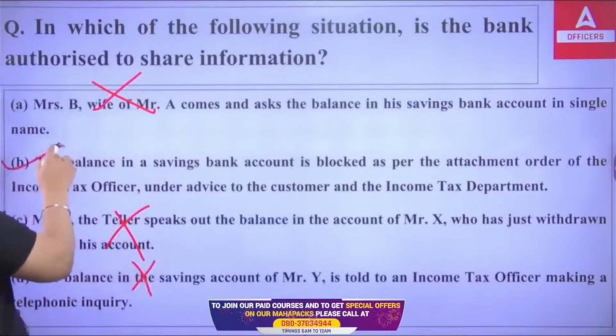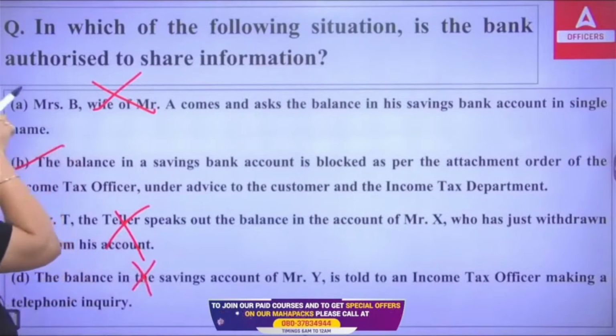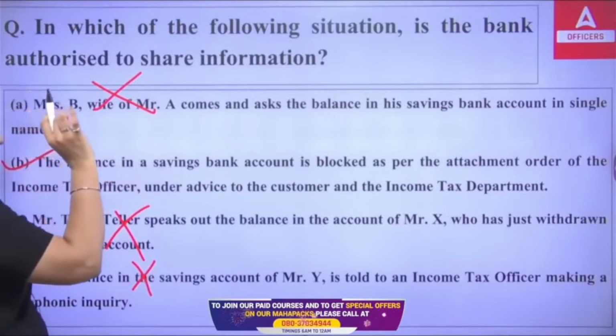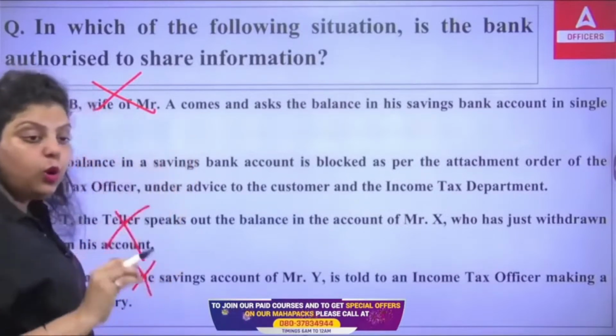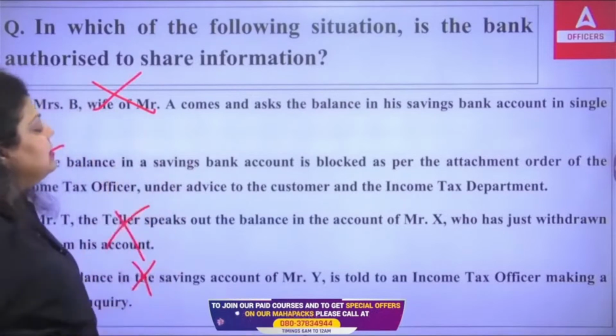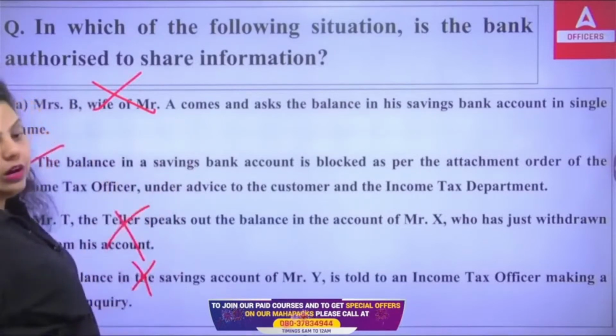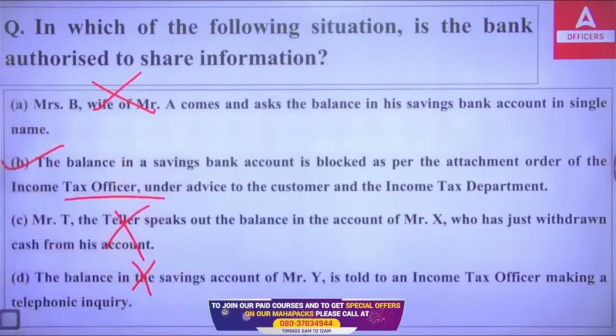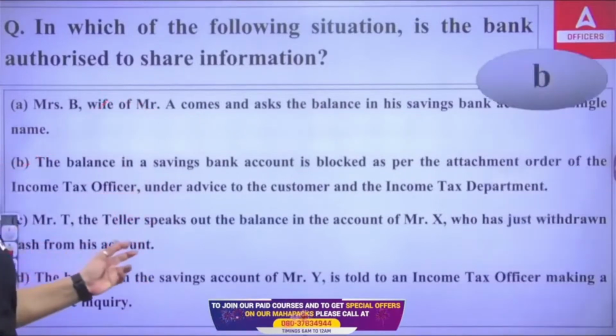The only permission given to the bank to share customer information, without violating the rule of secrecy and confidentiality, is when the balance in the savings account of a customer is blocked as per the attachment order received from the income tax officer under advice to the customer and the income tax department. The right answer is B. Okay.